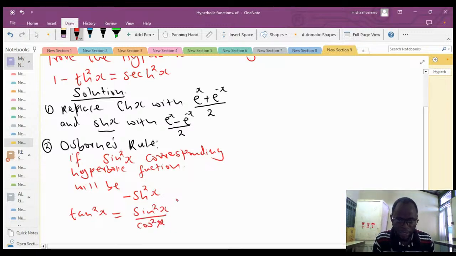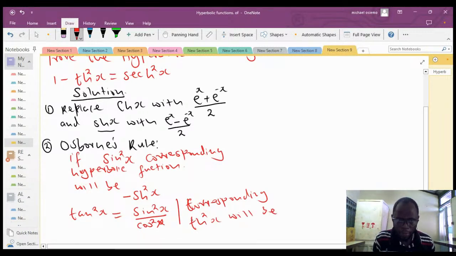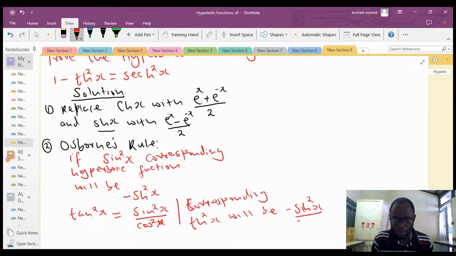Now this implies that the corresponding tanh squared of x will be negative sinh squared of x over cosh squared of x.